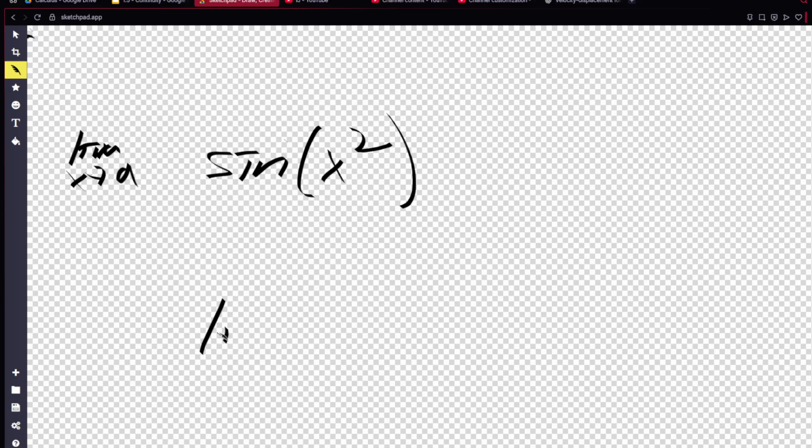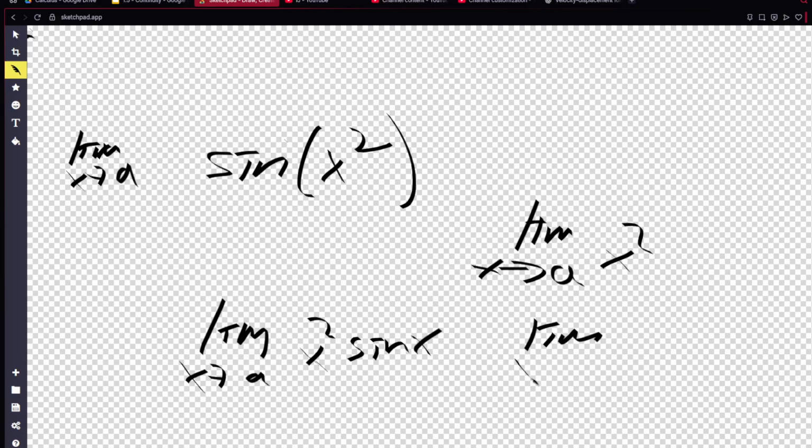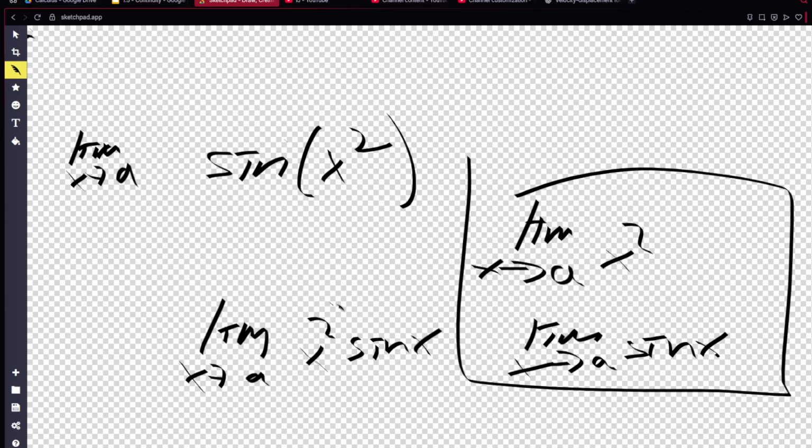Or if we do the limit as x approaches a of x squared sine x, which you can use squeeze theorem for, simply put, remember that the product is just the limit as x approaches a of x squared times the limit as x approaches a of sine x, which is sine a. We can just plug a into both, and we don't have to redefine new definitions for the limit as x approaches a here. So it's the same thing.